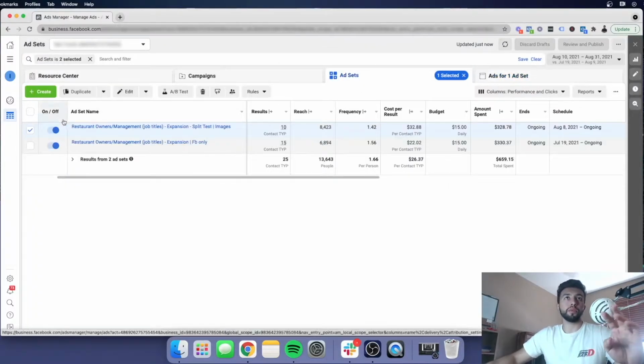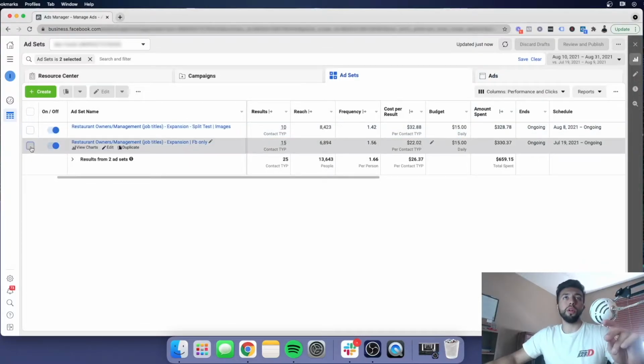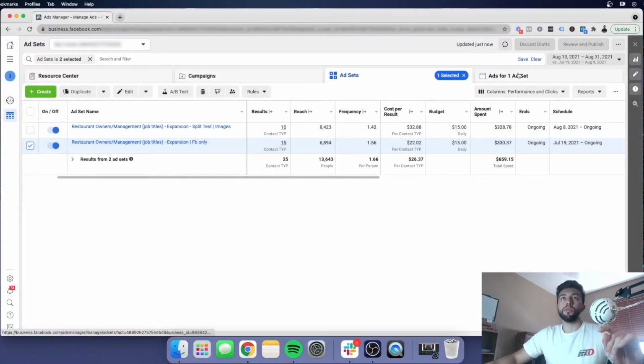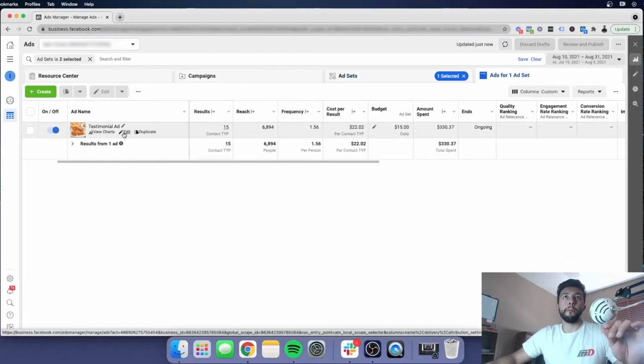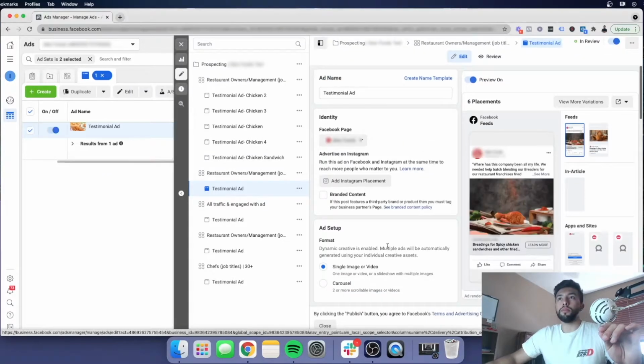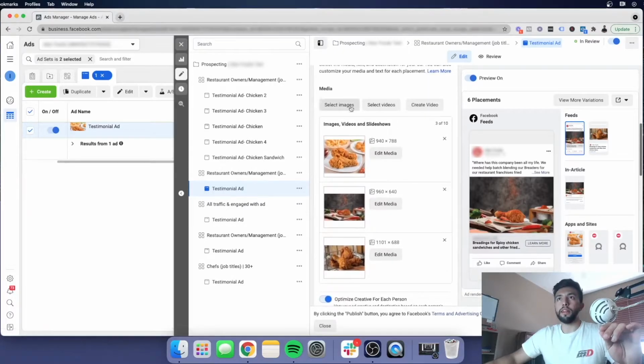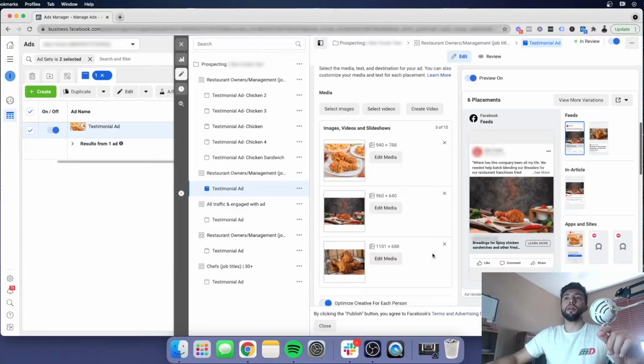So if I go to the other audience, which is the exact same audience but a dynamic creative ad, in here I added the best performing images. Before, I had the ones that were not performing well, and I just started with random images, and it wasn't performing well.